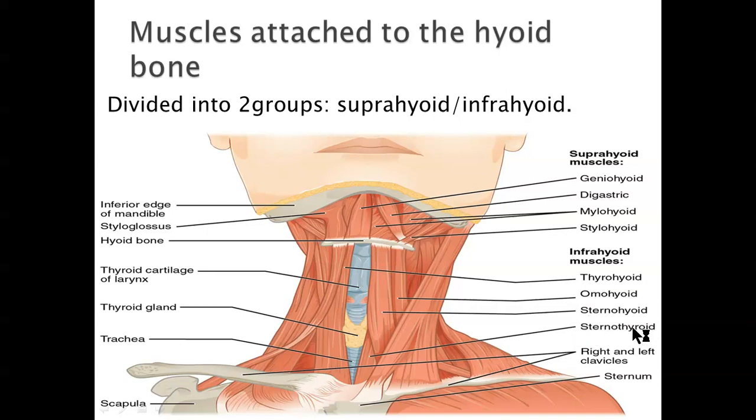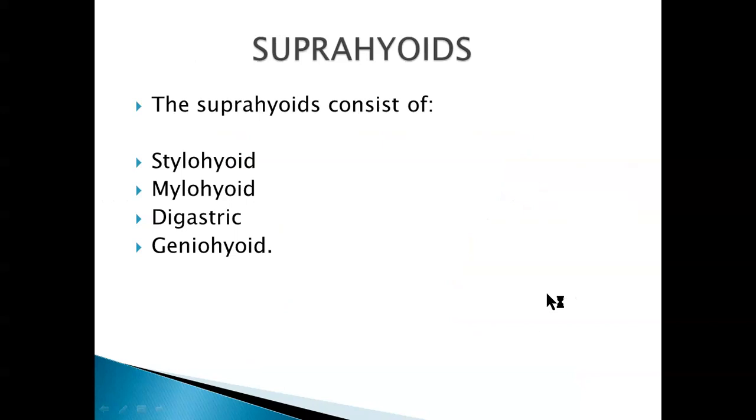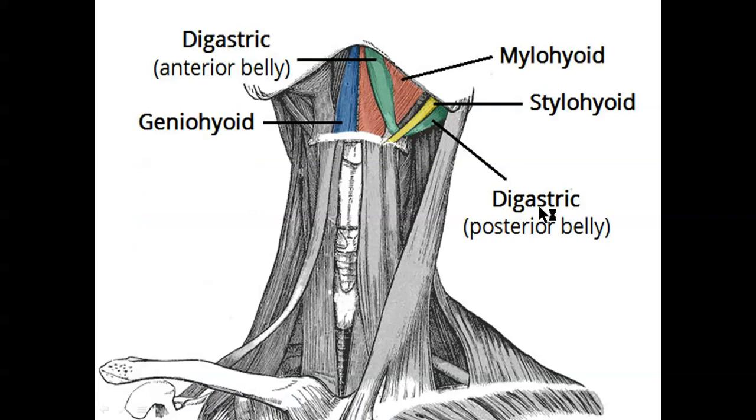All right. All these three are supplied by ansa cervicalis. All right. Suprahyoid muscles. Why supra? Because they are above the hyoid bone and not part of your muscular triangle. So we won't read them. These are all the suprahyoid muscles.